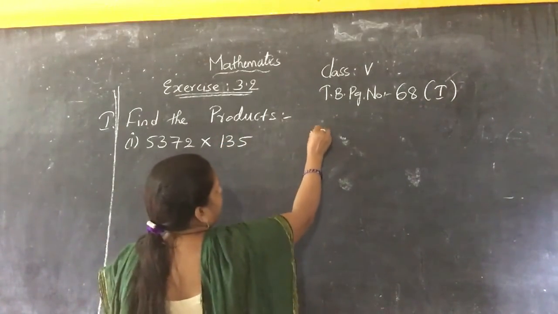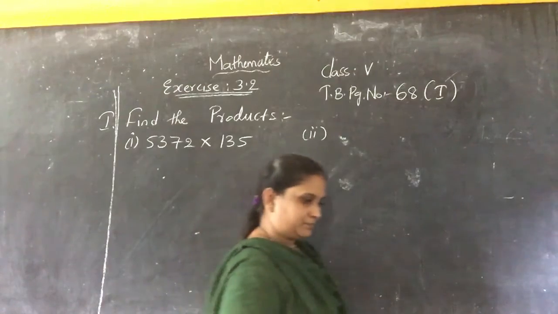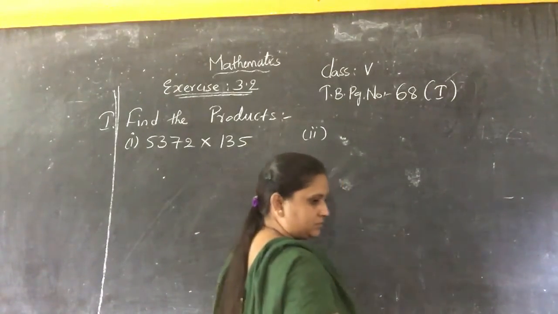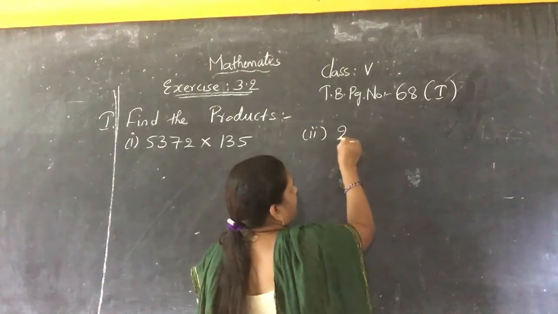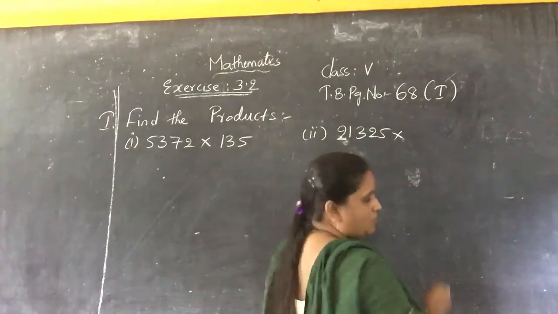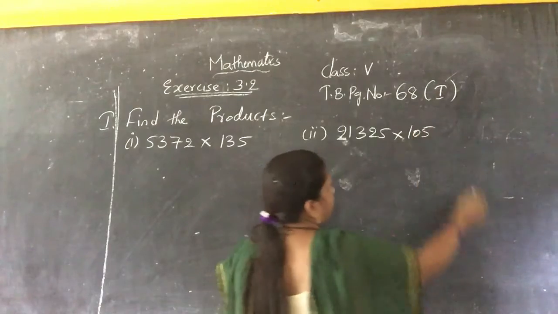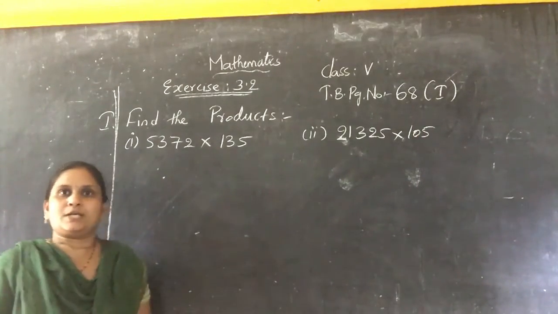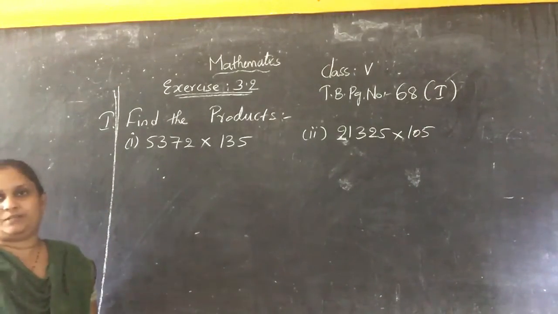And next, second sum: 21,325 into 105. These 2 sums you have to do now in the classwork children.